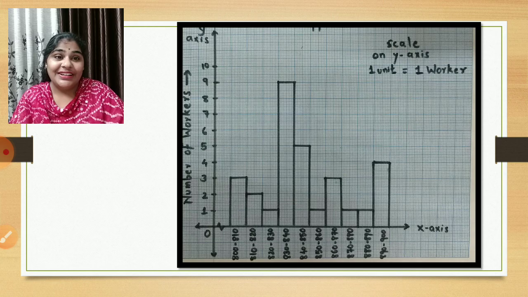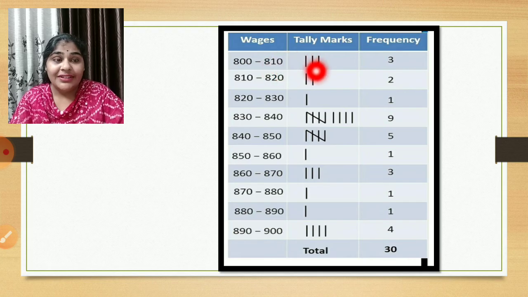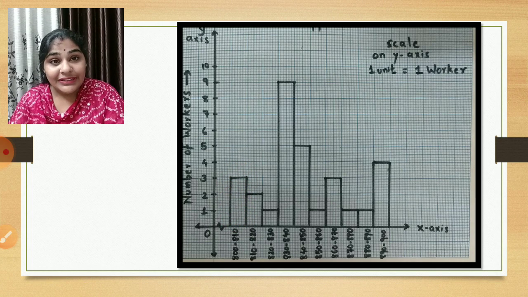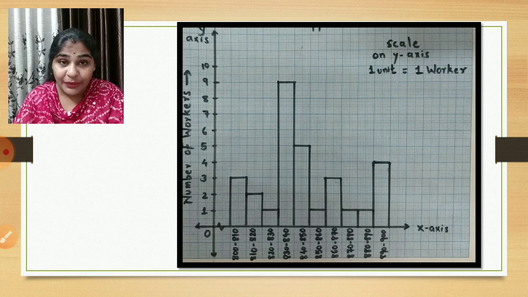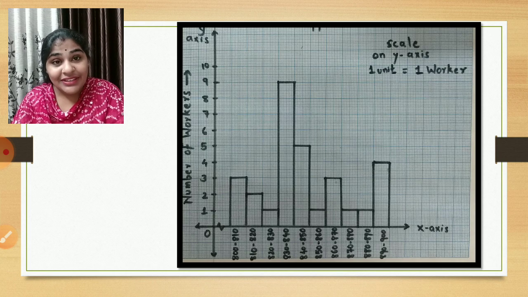Now the first data which we got for the first class interval, 800 to 810, is 3, right? So for 800 to 810 you will draw the first bar of 3 workers. If you see here, I have drawn my first bar of 3 workers. Now next, class interval 810 to 820, how many workers were there? 2 workers were there between these wages.